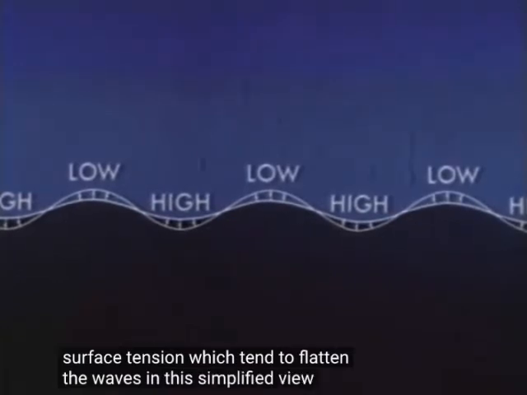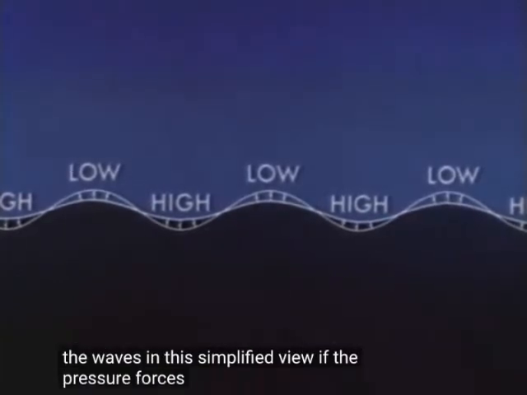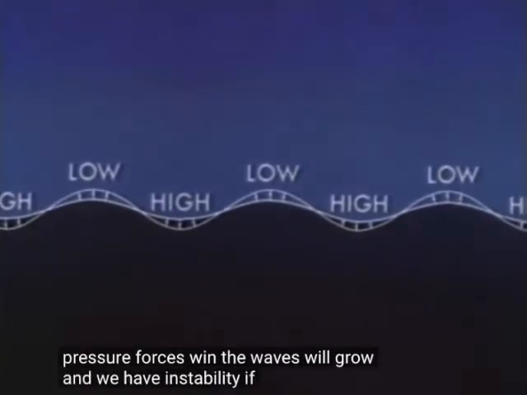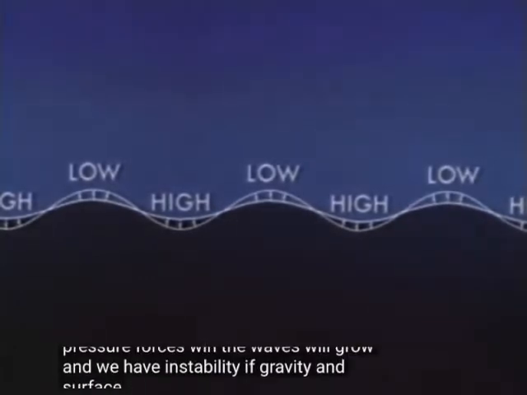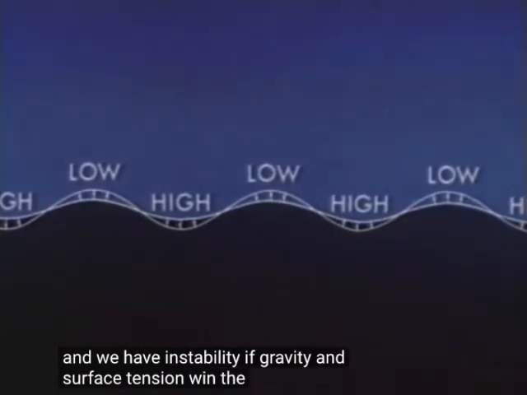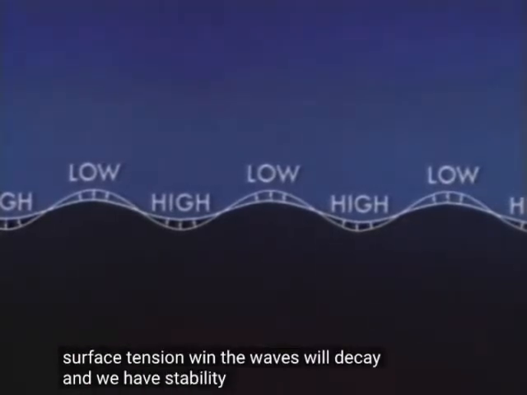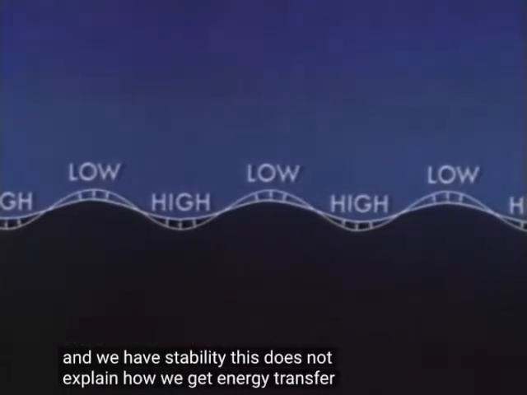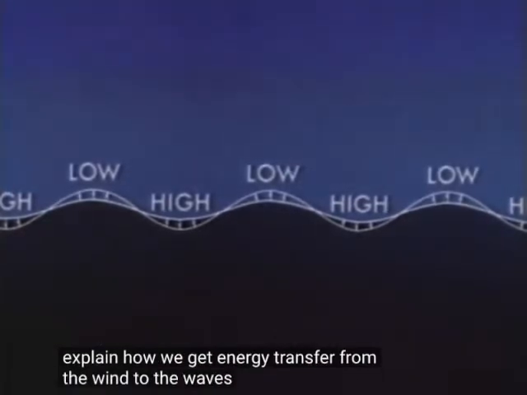In this simplified view, if the pressure forces win, the waves will grow and we have instability. If gravity and surface tension win, the waves will decay and we have stability. This does not explain how we get energy transfer from the wind to the waves.